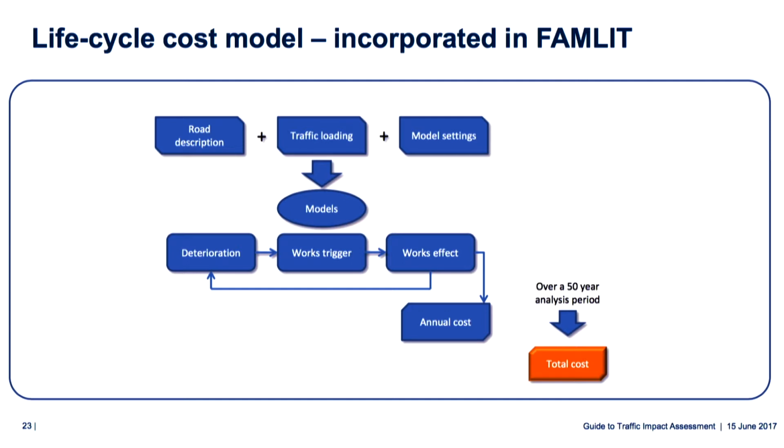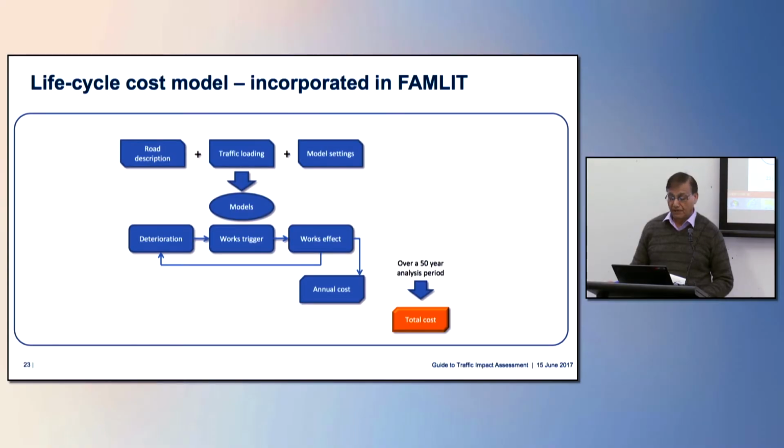So road description, and then the unit traffic loading, and then because of that extra traffic, obviously there is a deterioration, and as a result of the deterioration, the works treatment will be triggered, and what sort of treatment will be done, that will obviously cost money, and all the various treatments are taken into account over the period of 50 years, and then the full analysis is done in order to calculate the EAUC.